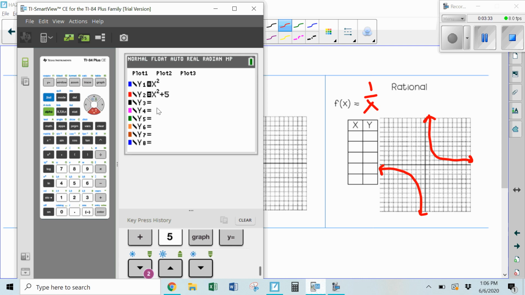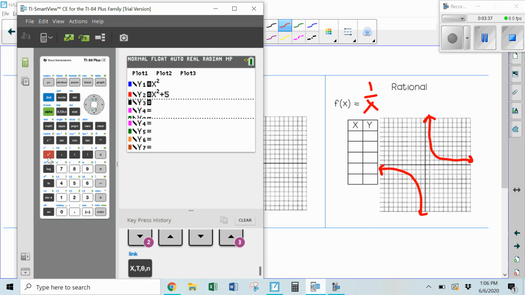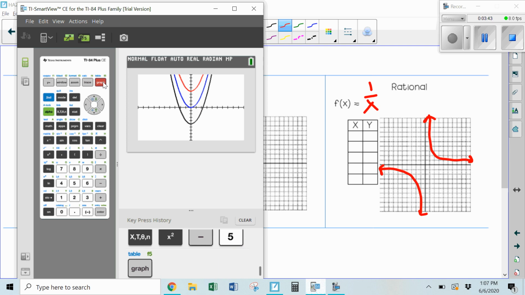Let's do x squared minus 5. Maybe you can predict what's going to happen. Graph. Now, it may look like this black graph got wider. It didn't. I just moved it down. As I move it down, that's just kind of the way it looks because it's wider out there. But if I take this blue graph and slide it down 5, it'll make this black one.